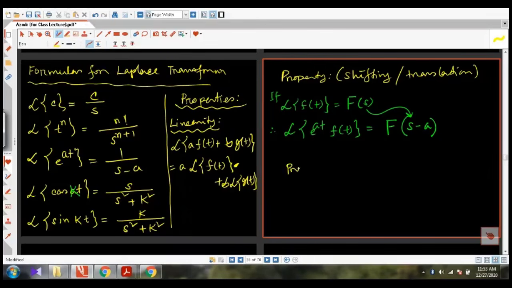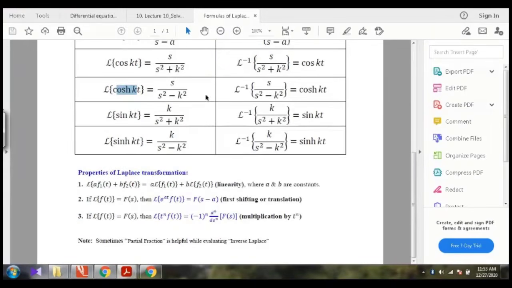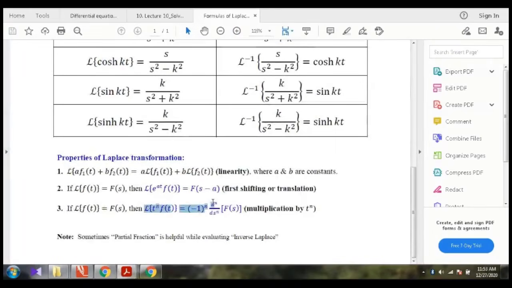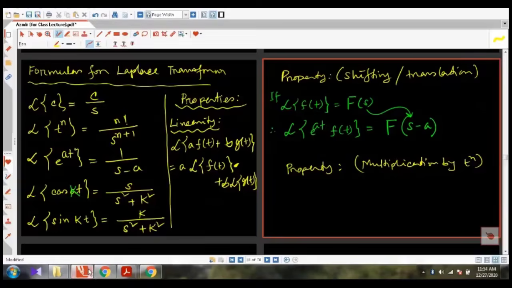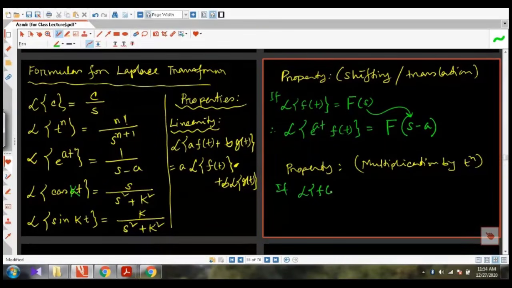We have another property. The property is multiplication by t to the power n. You can have a look here. The property is given in this PDF file. The property says that if the Laplace transformation of f of t is F of s, then what if we have t to the power n times f of t?